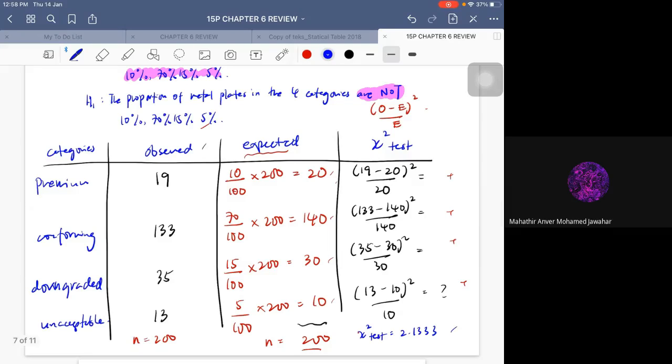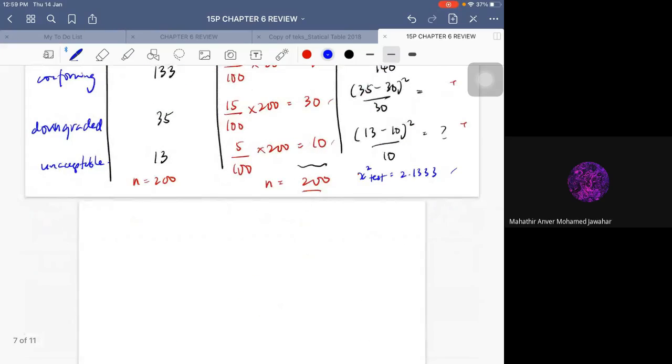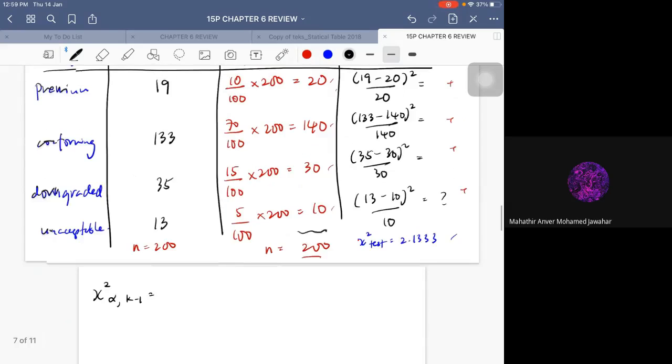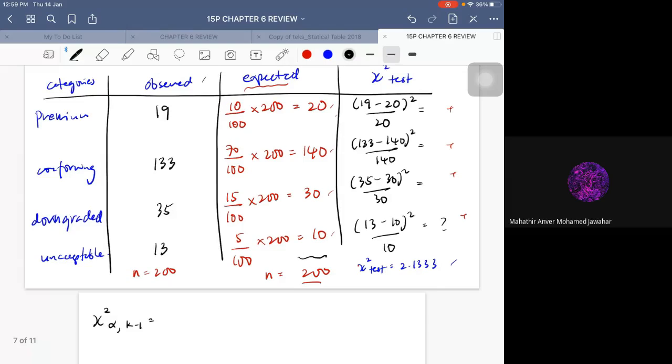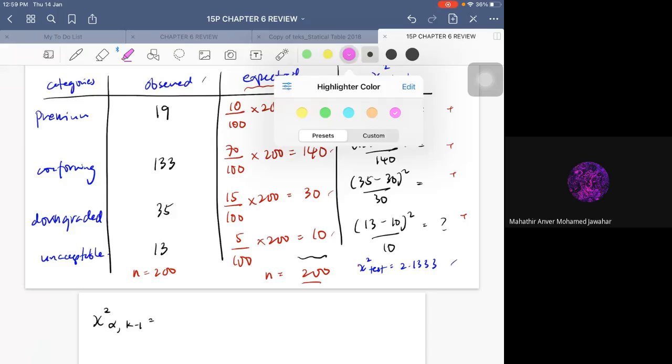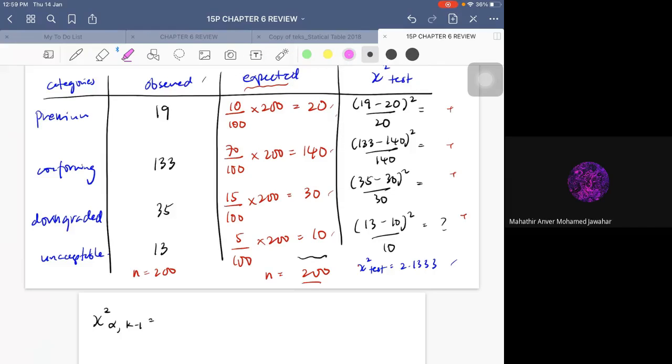So our critical value is going to be given by alpha, k minus 1. But there's something I forgot to mention to you just now, and I've completely forgotten about checking this as well. After you have written your expected values, check right away whether or not they are actually greater than 5.